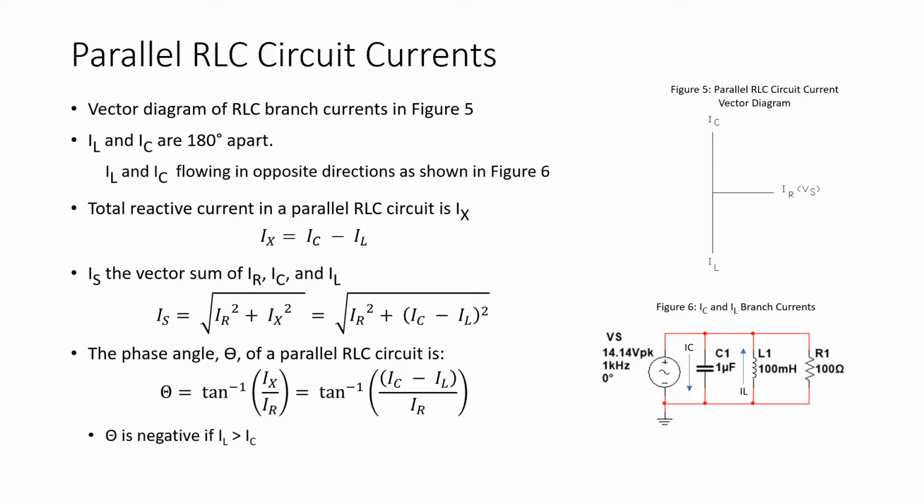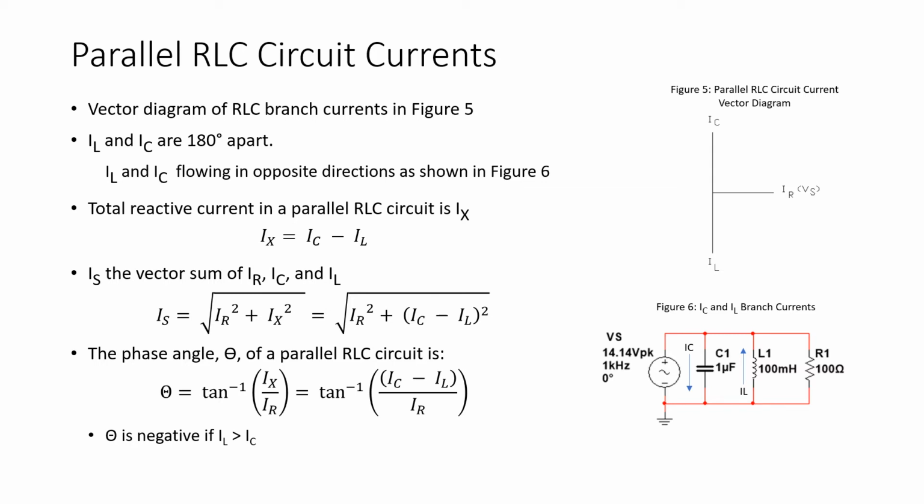Since the capacitive current is 90 degrees ahead of the resistive current, IC is placed at positive 90 degrees, and IL is placed at negative 90 degrees, since it happens 90 degrees after the resistive current.